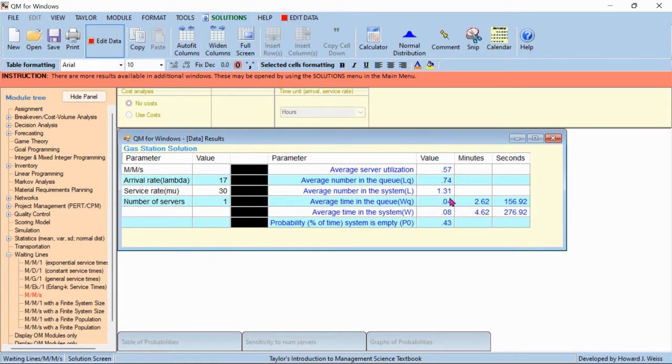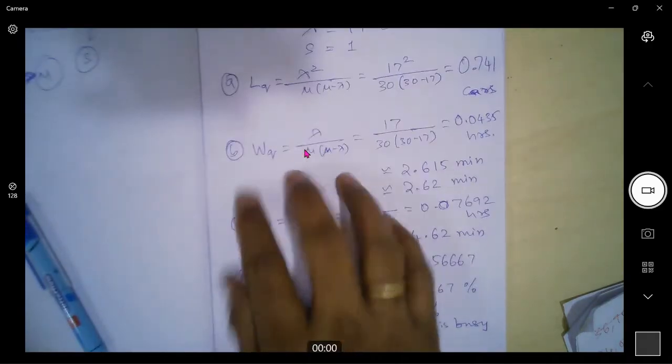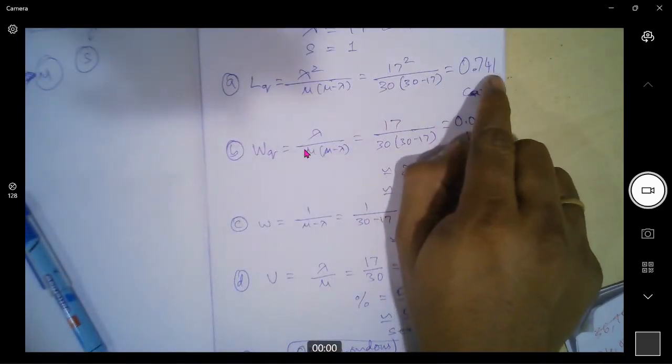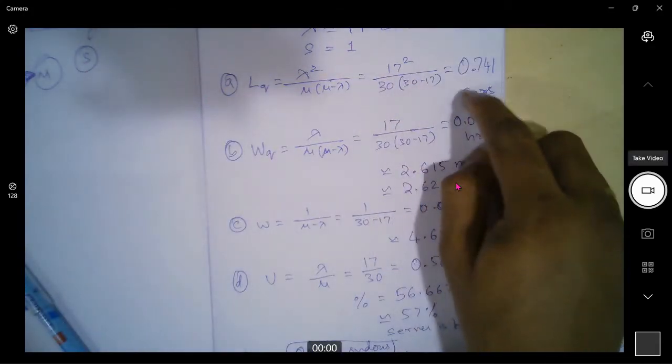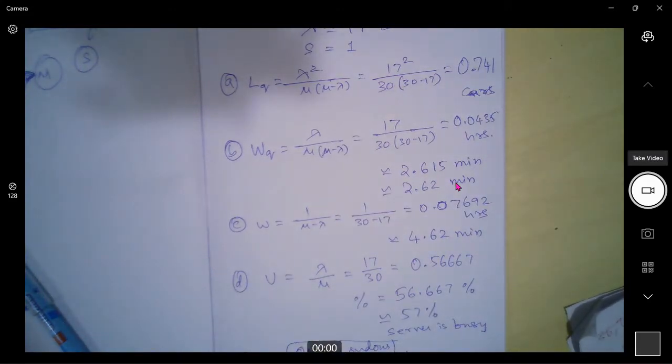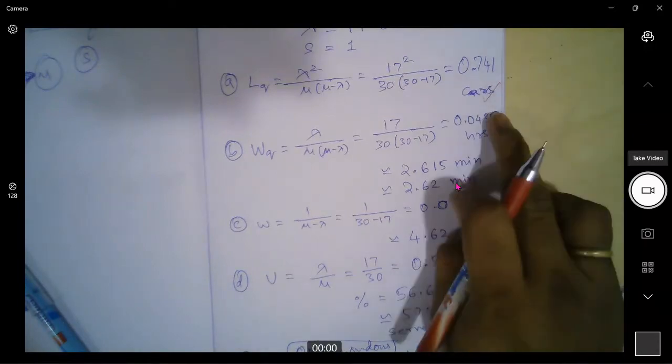Now what was our first solution? 0.741 cars. Here you see 0.74. So this is the solution, average number of customers in the queue, 0.74. So this is correct. Let me confirm.